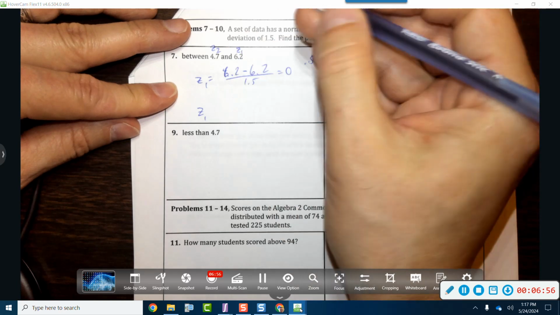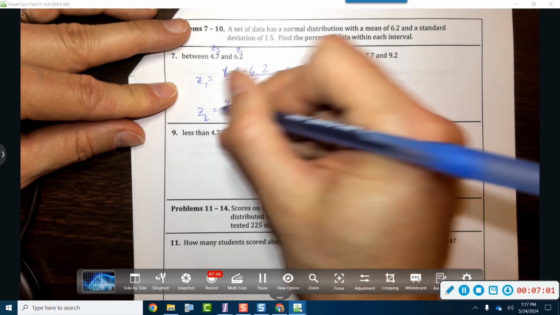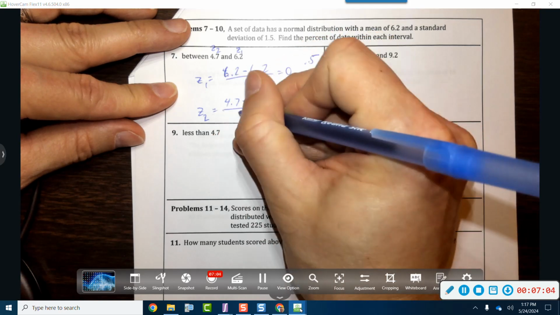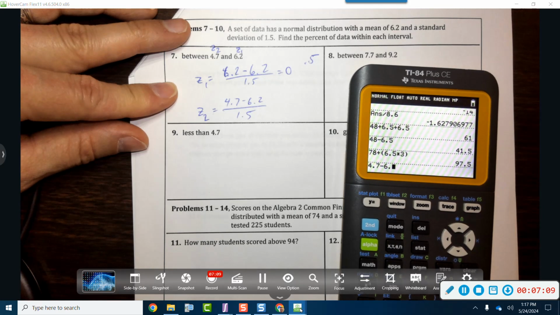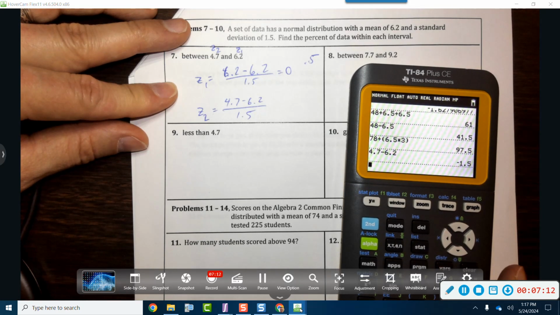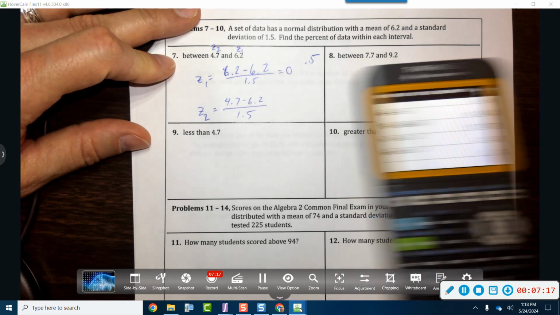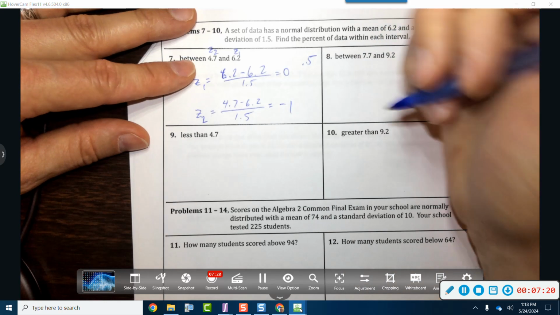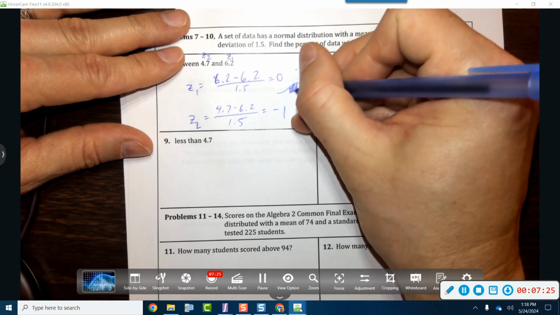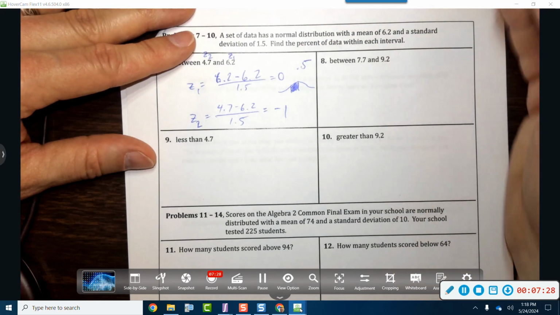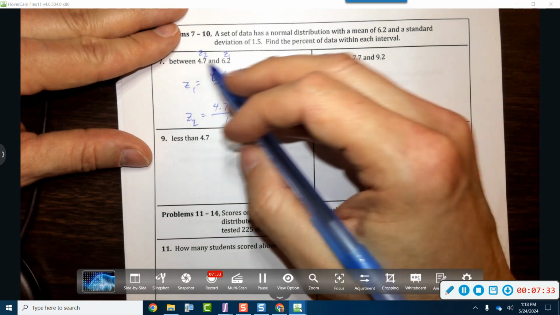Right here, that's Z1, this is Z2, for 4.7 minus 6.2, that's negative 1.5 divided by 1.5, which is negative 1. So we are from the mean and going back 1. What percentage is in between there? The answer is 34%. So 34% of the data is in between these two regions.